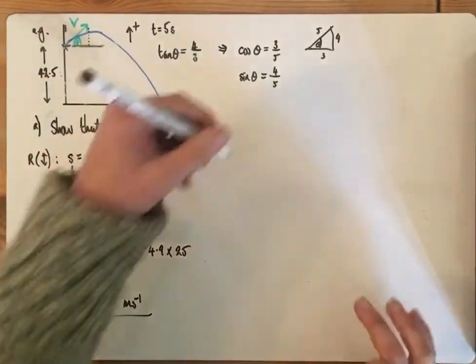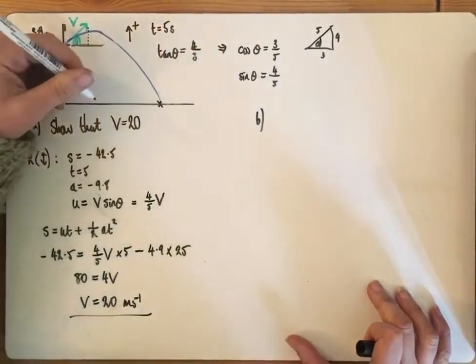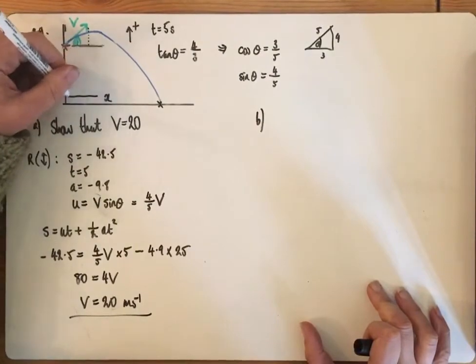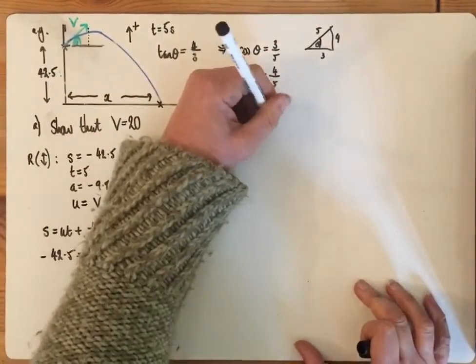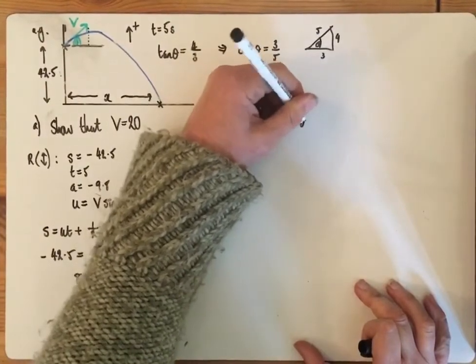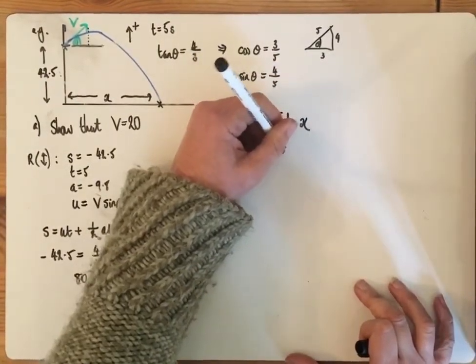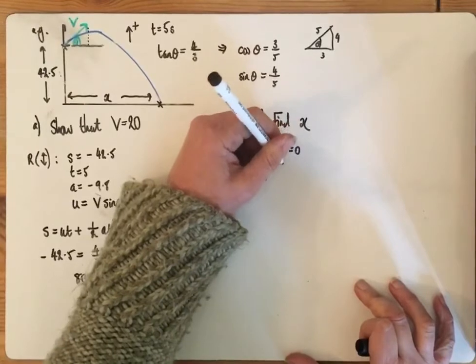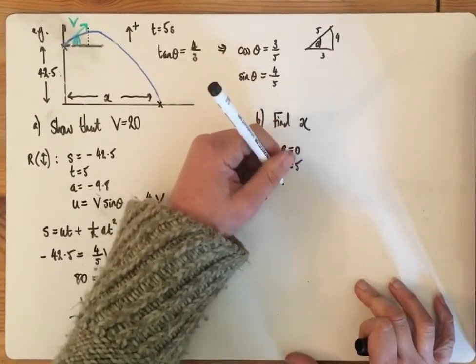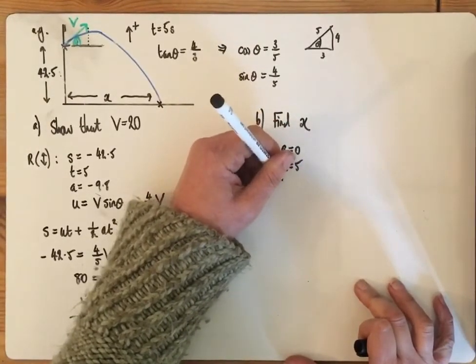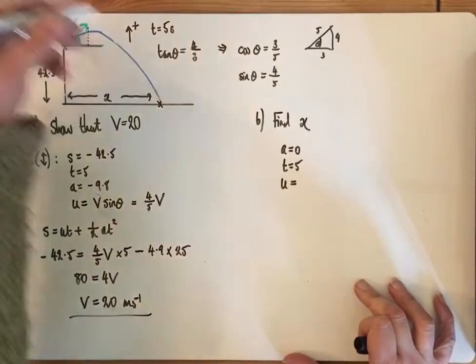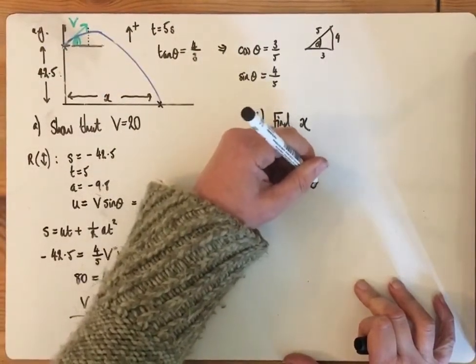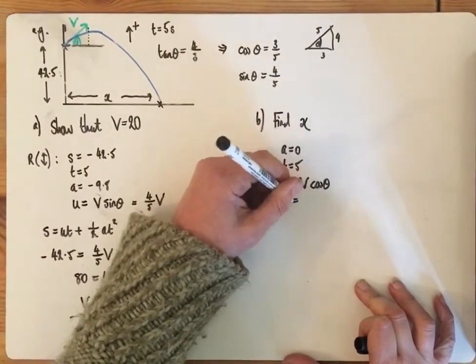And then the next bit of the question was just to find x, which was this horizontal distance, which really is nice and straightforward. So resolving horizontally, there's not a lot you can do because the acceleration is 0. So A is 0, T is 5, U is equal to V cos theta. So we want the adjacent.